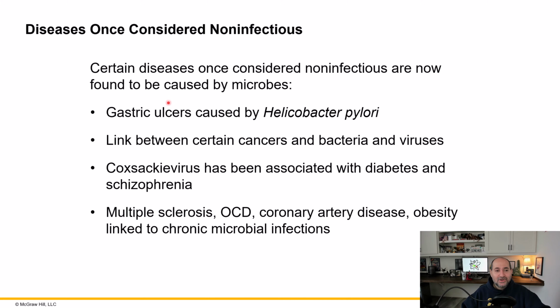For example, did you know that gastric ulcers, like a stomach ulcer, used to be thought to be caused by spicy food or stress or lack of sleep or not eating enough? Well, now we know that it's mainly caused by a bacteria known as Helicobacter pylori.